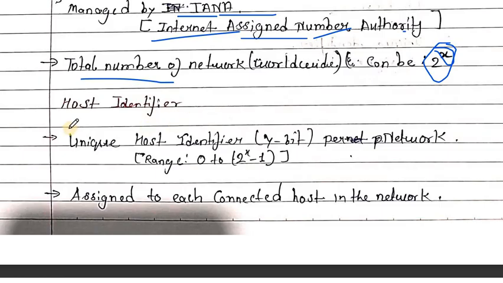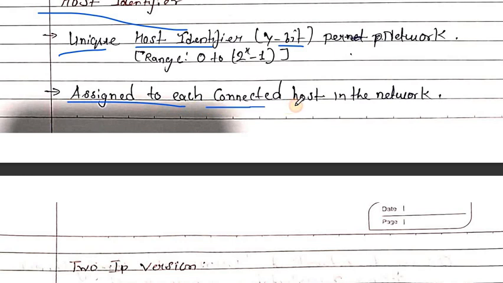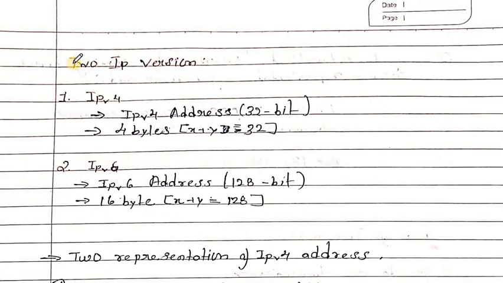Then the host identifier. It is also a unique identifier of y bit, assigned to each connected host in the network. There are two IP versions, IPv4 and IPv6.